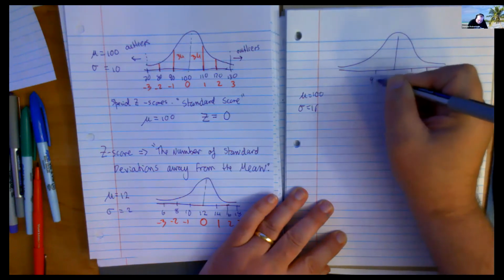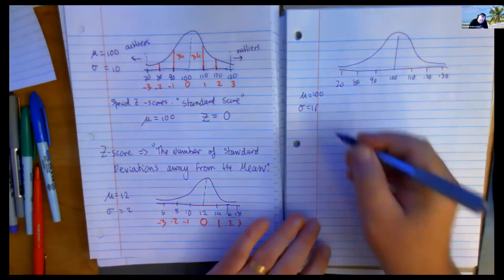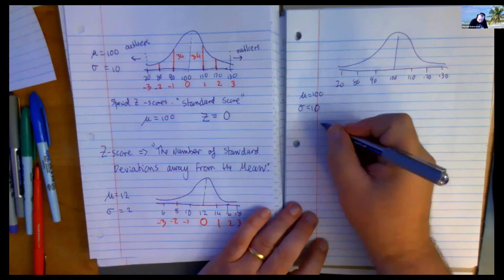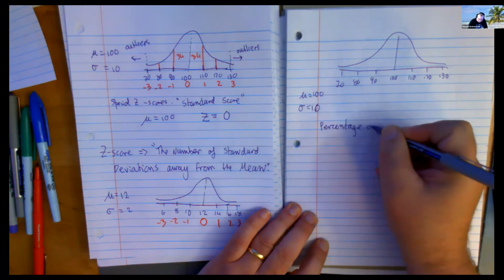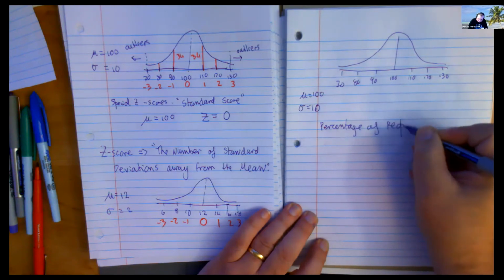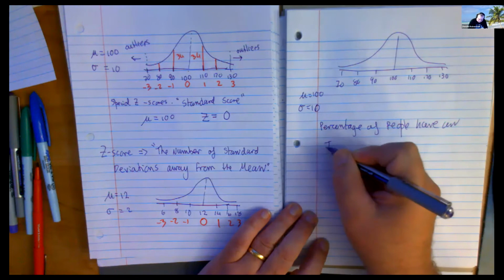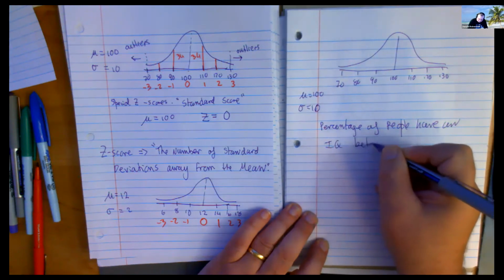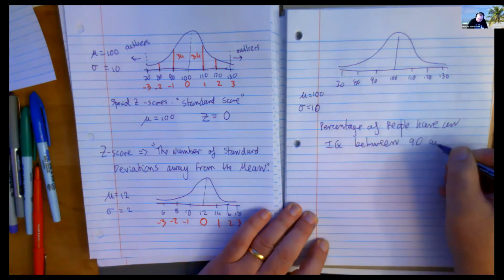Go backwards, 90, 80, and 70. Suppose I asked you, what percentage of people have an IQ between 90 and 110?